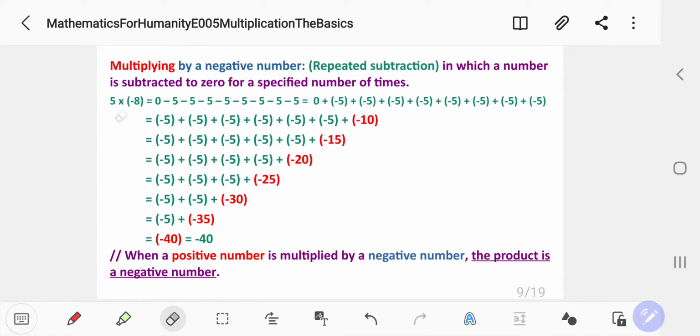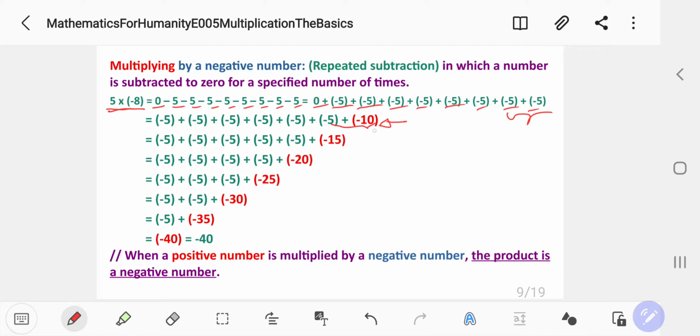For example, you have here 5 times negative 8, so you have 0, and then you subtract 5 eight times, 1 2 3 4 5 6 7 8 times.